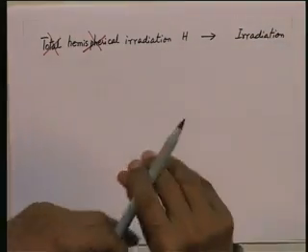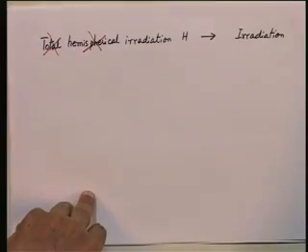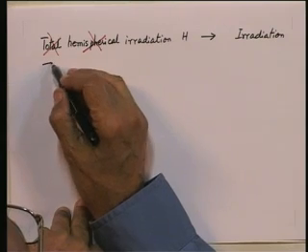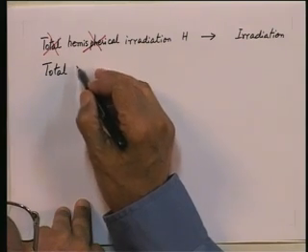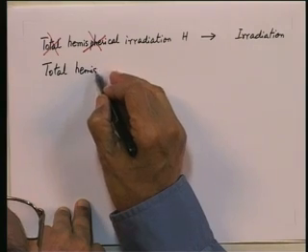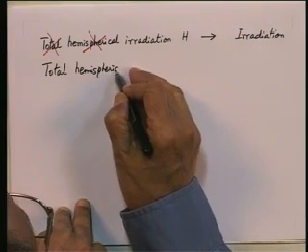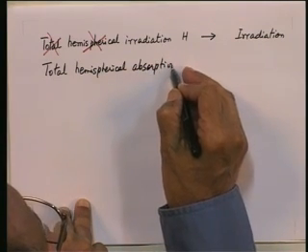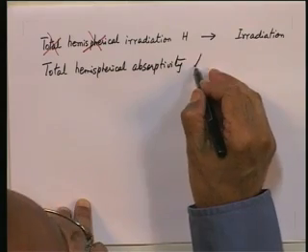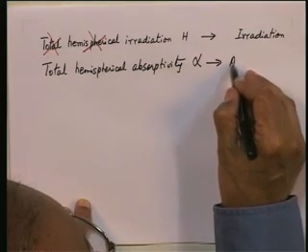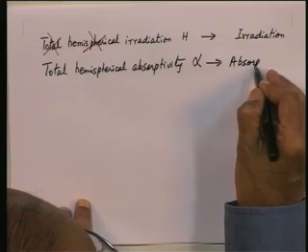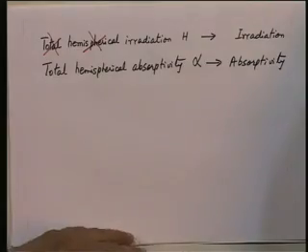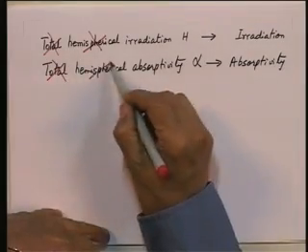Similarly, the quantity total hemispherical absorptivity, which is alpha, we will simply call absorptivity, by deleting the words total and hemispherical, as they are implied.